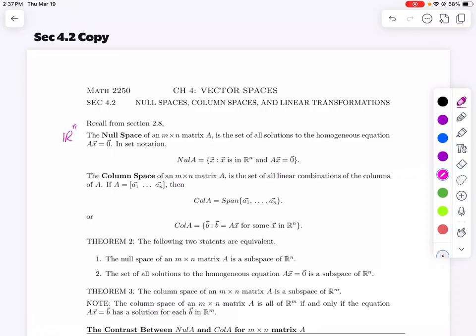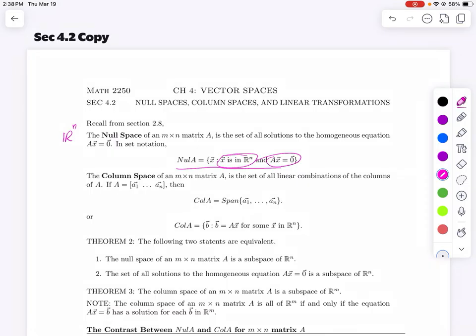In set notation, null of A is the set of all x such that x is in Rn. This is important to note: x has to be in Rn and Ax = 0, so that when it is multiplied on the left by the matrix A, we get a 0 vector.